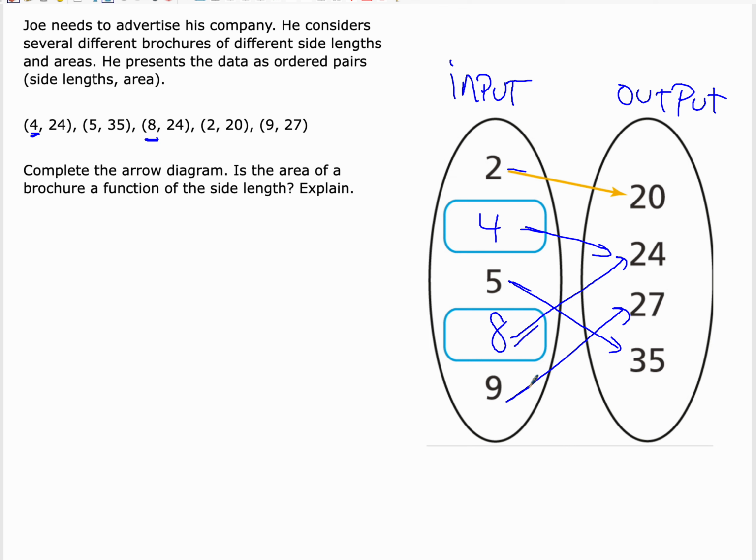We care about the input. As long as the inputs have one arrow, it's a function, okay? So this is a function because when I have to explain, I could simply restate the definition. Each input has one output. I don't care that this output has 2 inputs.